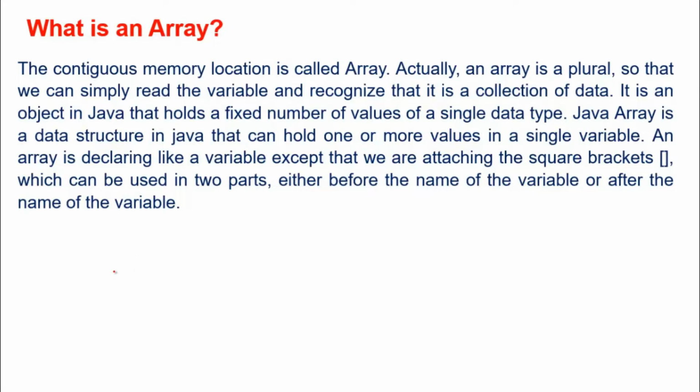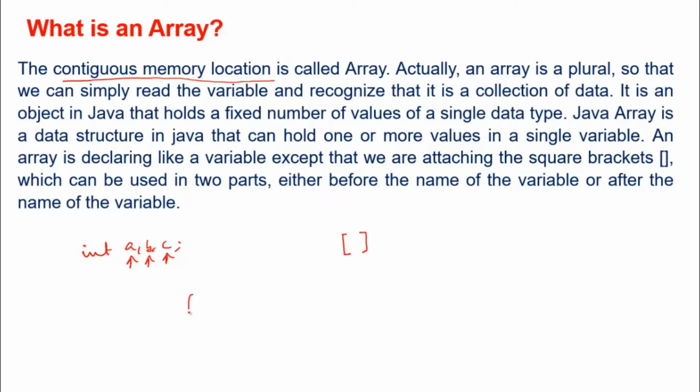Say if I define simple variables like int a, b, c, in this kind of variable we will store only one value, but in an array we will store more than one value. That is why it is called contiguous memory locations. And the symbol of the array is the square bracket here.